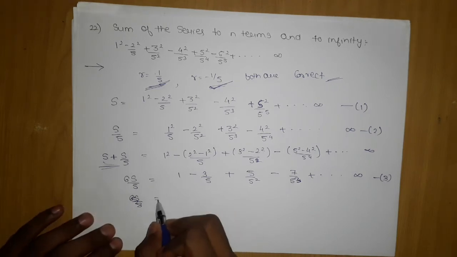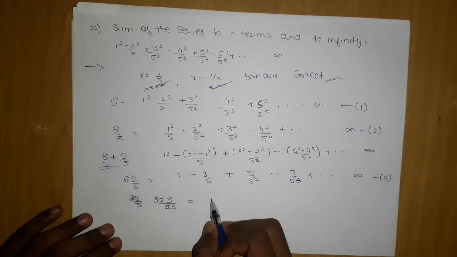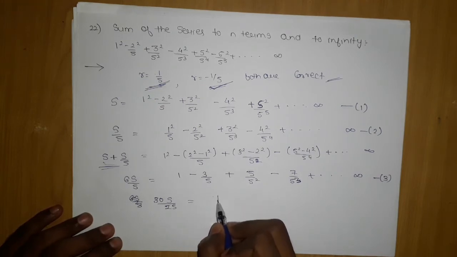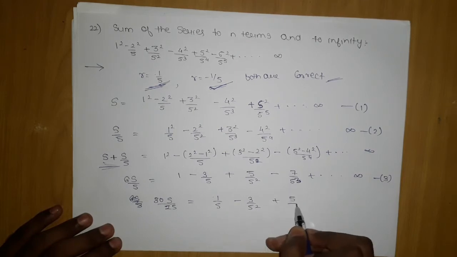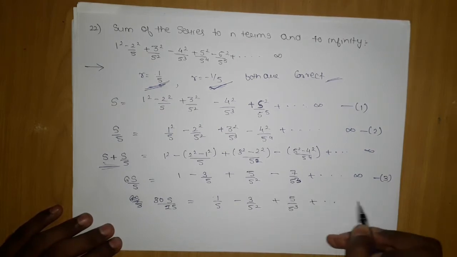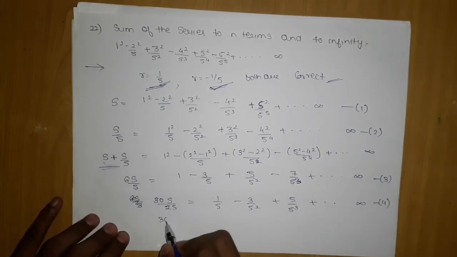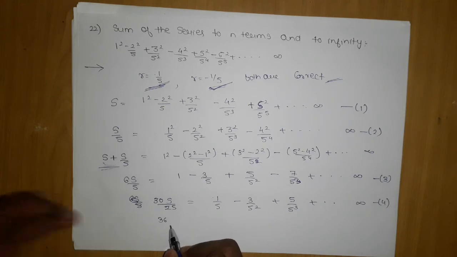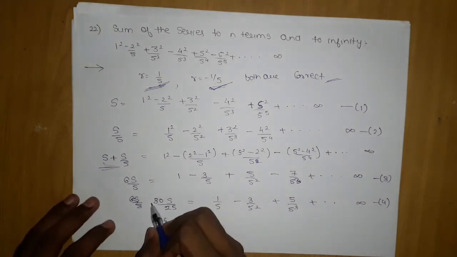The moment we again multiply, we will get 30s by 25 equals, what we are having is 1 by 5 minus 3 by 5 square plus 5 by 5 cube, and so on until infinity. This is the fourth. Add 3 and 4, you will get 36. At the moment you add these, 25 and this, you will get, this was 6.